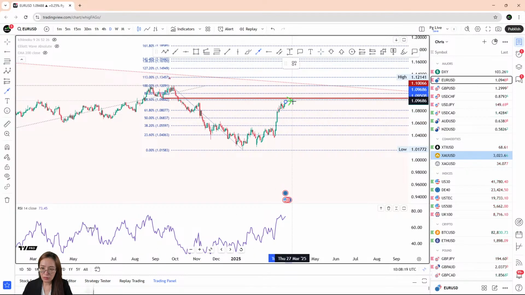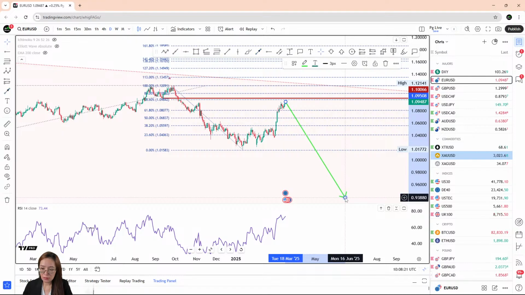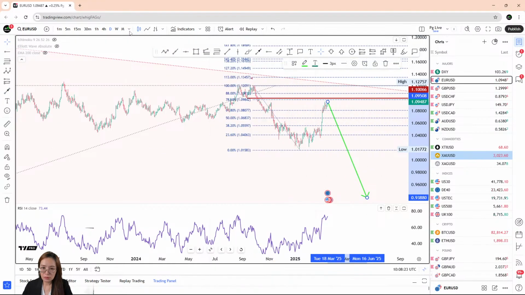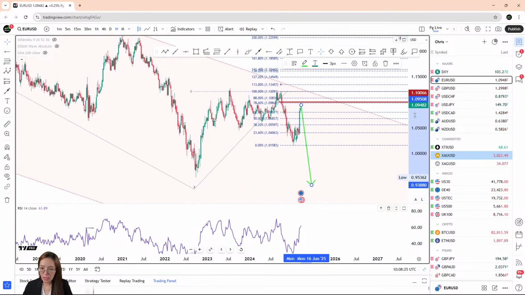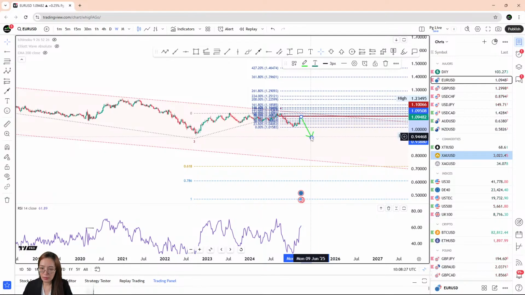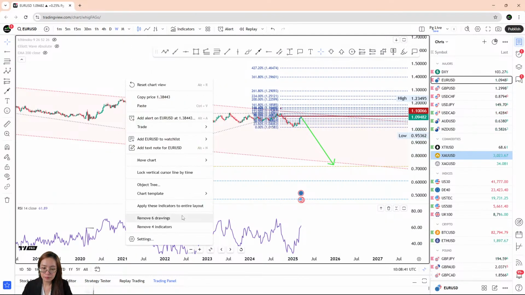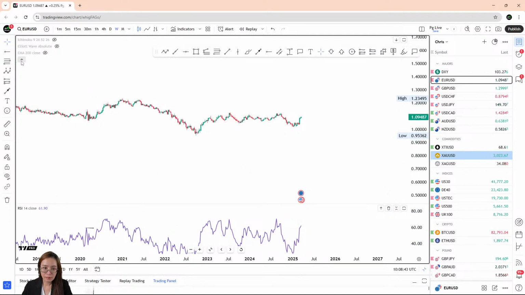Either from here they're going to reverse and follow the weekly, within the channel, and go to where? I think it should go to wave 3 or wave 5. Okay, do you guys understand? Okay, any questions?